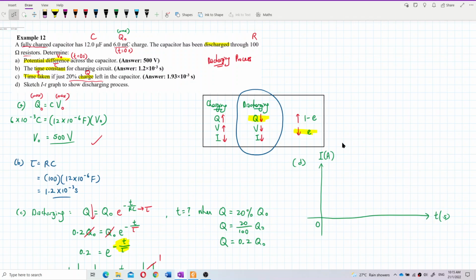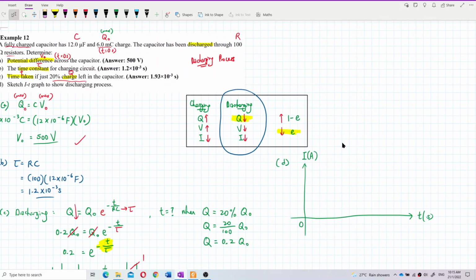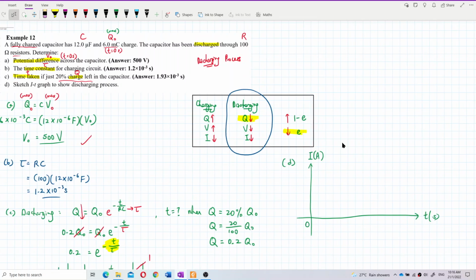Since I don't have the initial current value, I need to find out. Understand how to find out the initial current value? Because we have the resistor here, let me draw out the circuit: a capacitor here, and then a resistor.